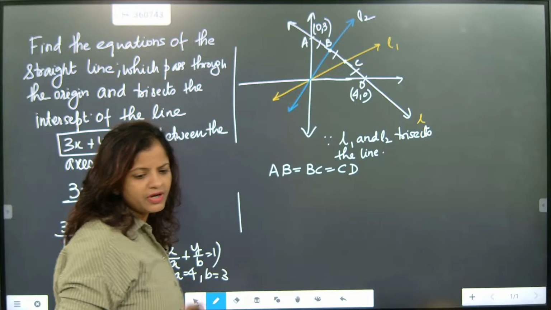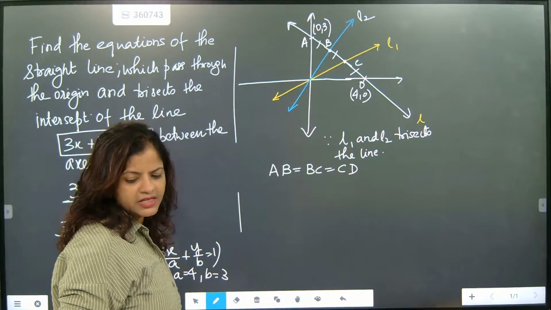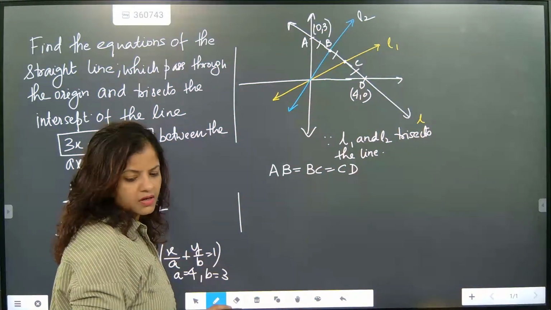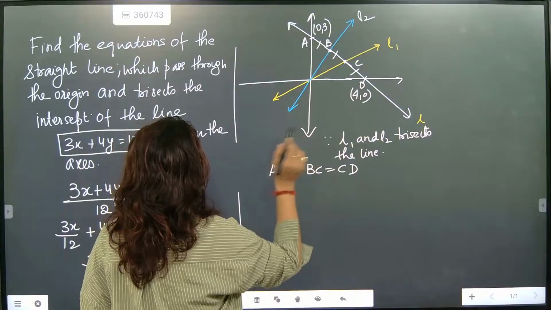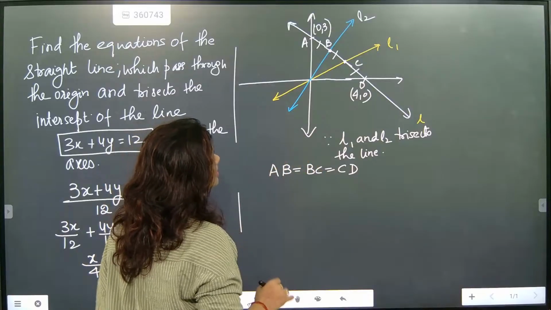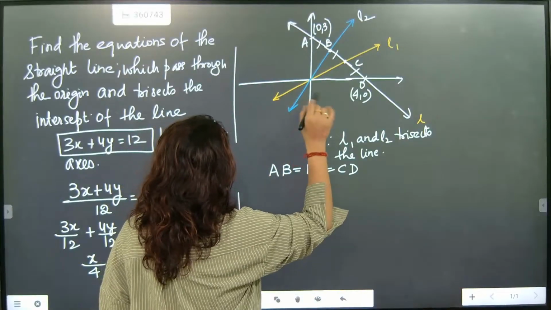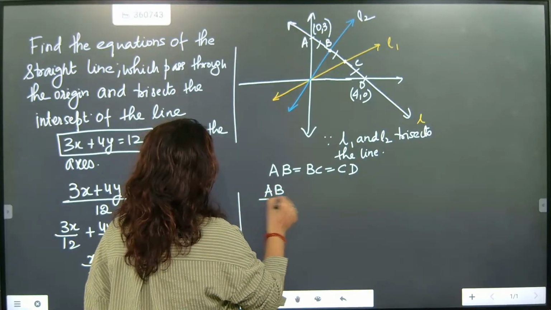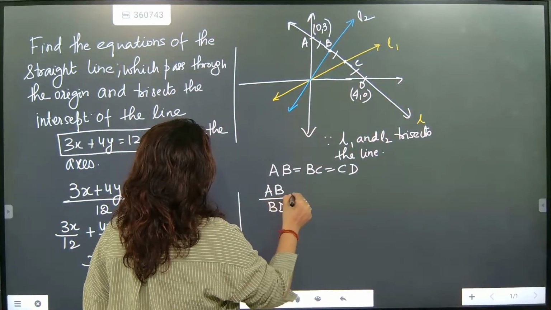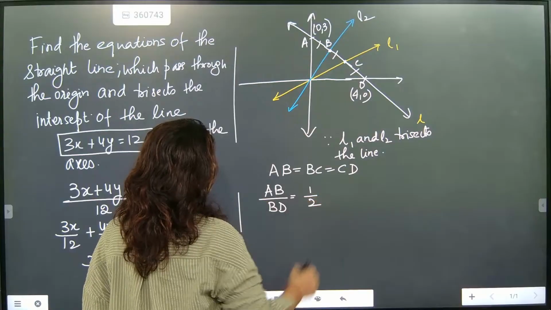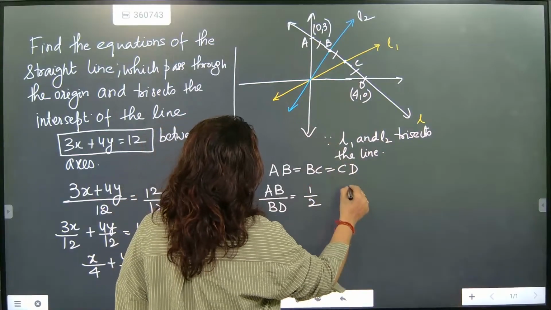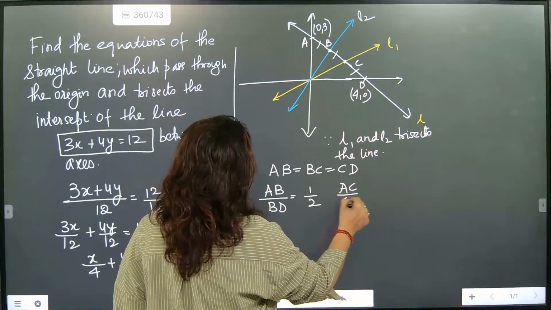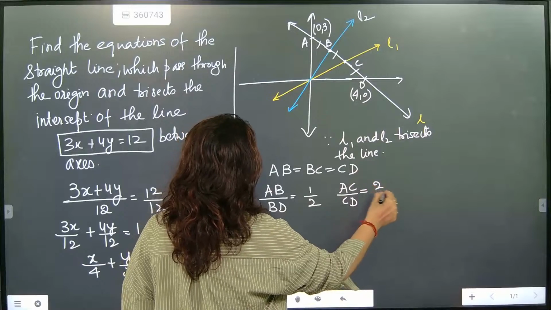Means the line segments become equal. So once the line segments are equal, AB, BC and CD, what ratio is going to be written? AB by BD, that ratio is coming as 1:2. Now if the ratio is AC by CD, then the ratio will come as 2 by 1.